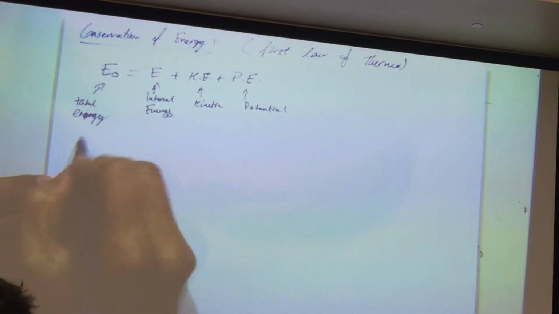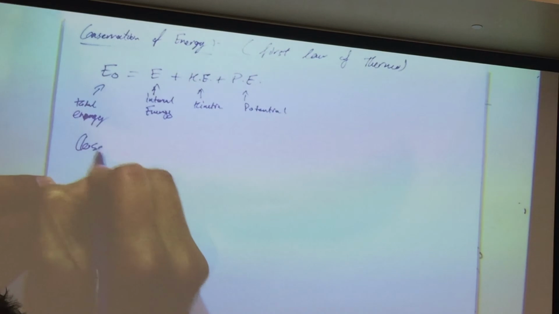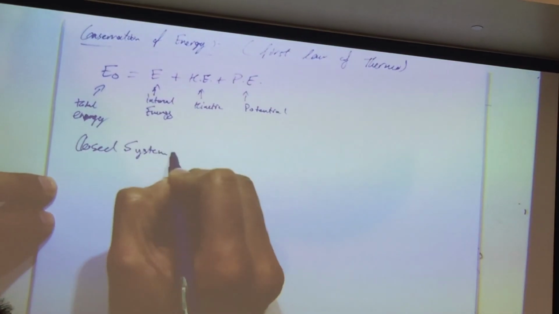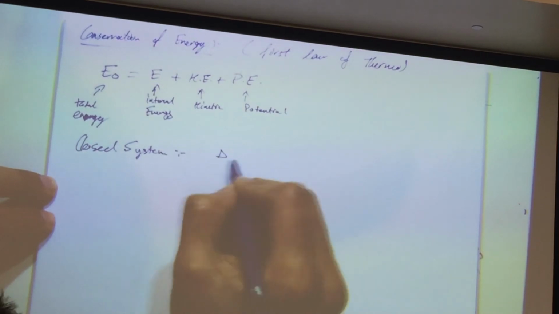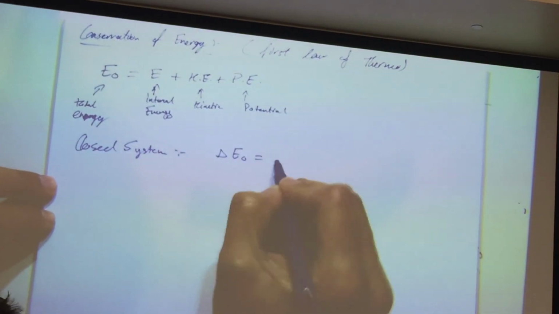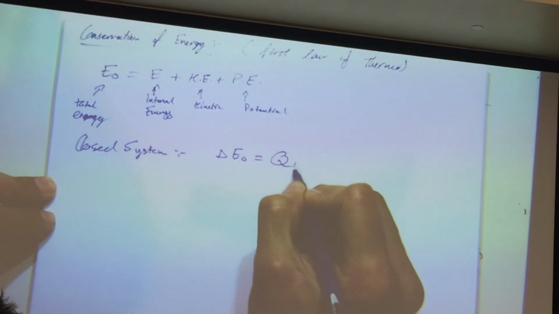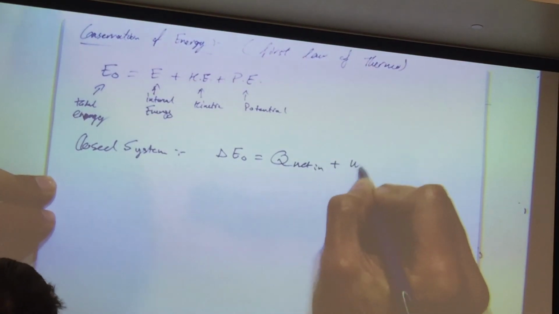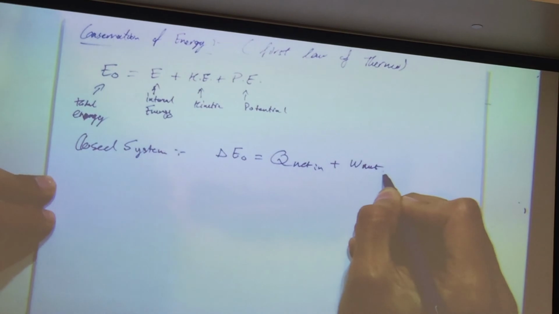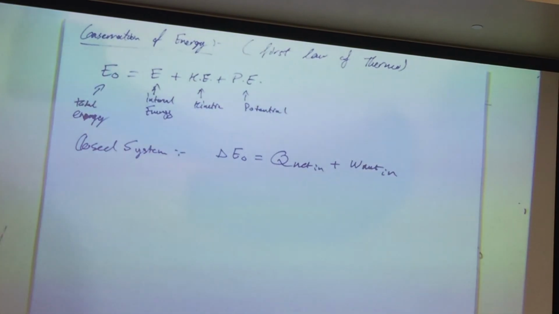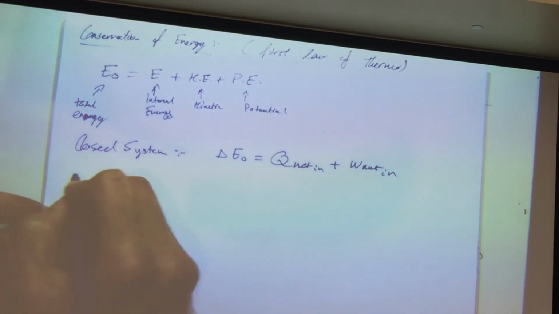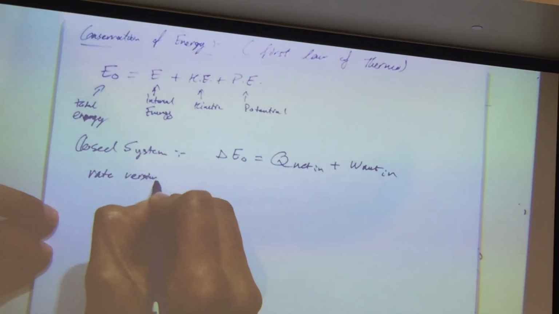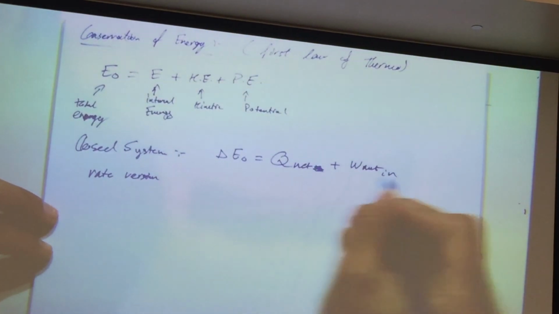For a closed system, the total energy is equal to Q net in plus W net in or out, or summation. So the general form in a rate version, let's just make it summation.